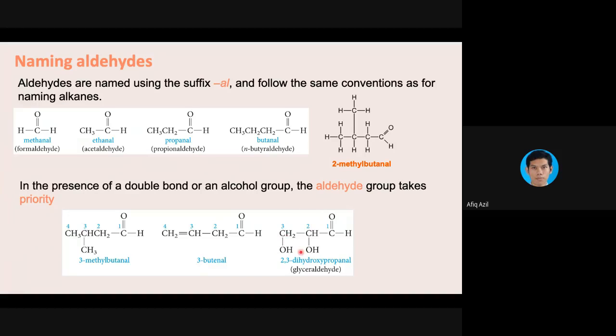When there are two, it becomes dihydroxy. There are three carbons, so propanal, and the position of the hydroxy groups is 2,3-dihydroxy propanal, because the OH groups are at carbon number 2 and carbon number 3.